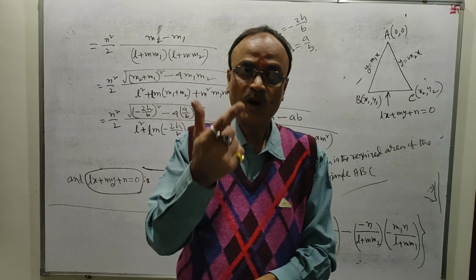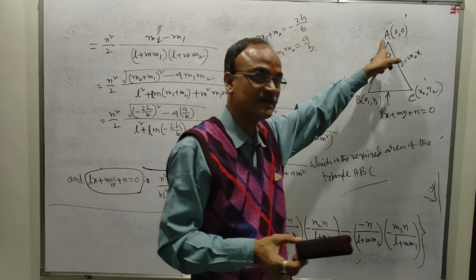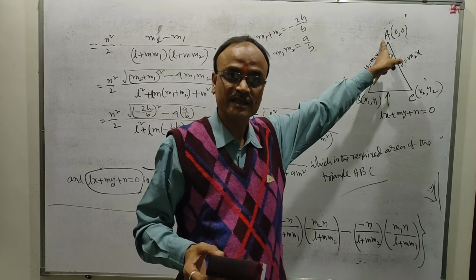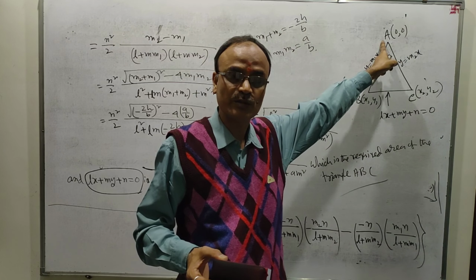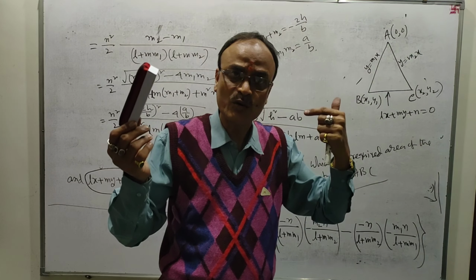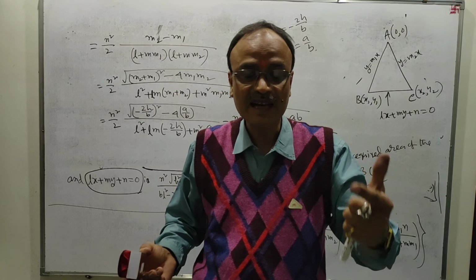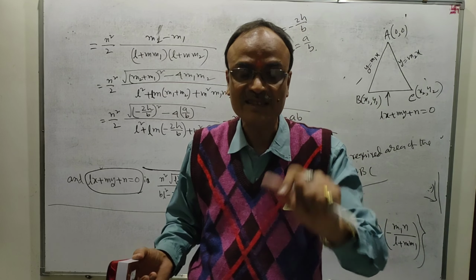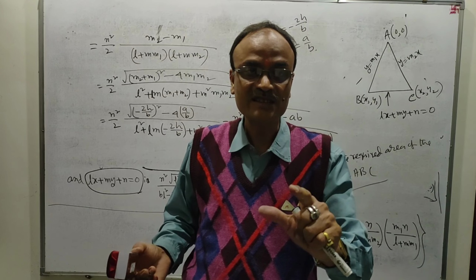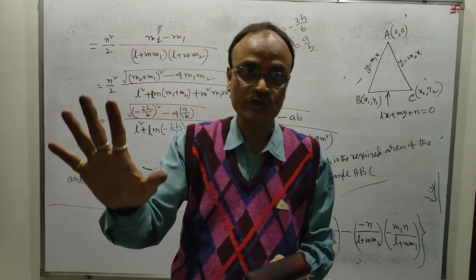That means one vertex of the triangle ABC, the coordinates of A, is known: (0, 0). Now you can find the coordinates of B and C, because B is the point of intersection between the straight lines y equals m1 x and l x plus m y plus n equal to 0.